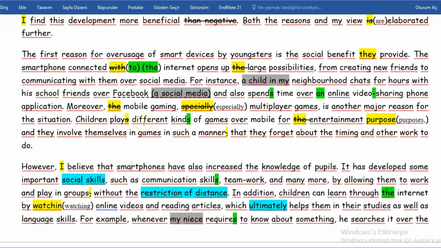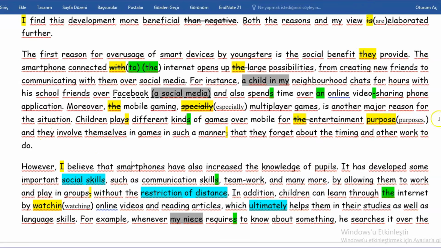Children play different kinds of games on mobile for entertainment purposes, and they involve themselves in games in such a manner, no need for a comma, that they forget about the time and other work to do.